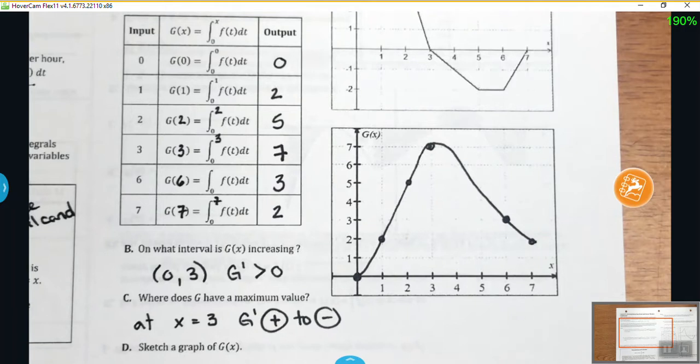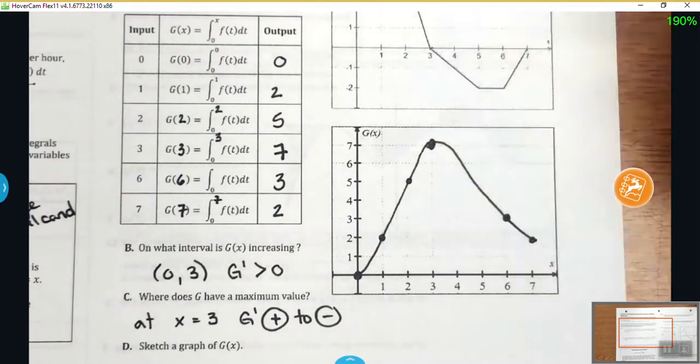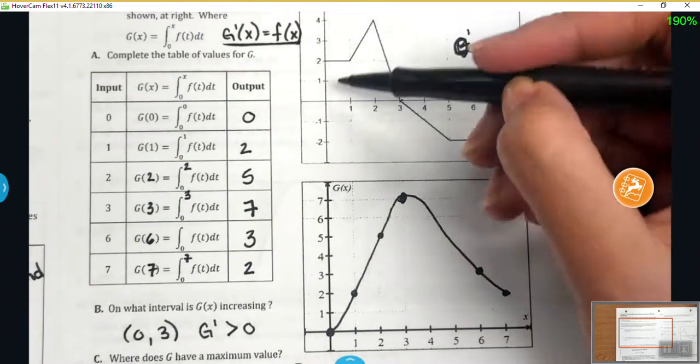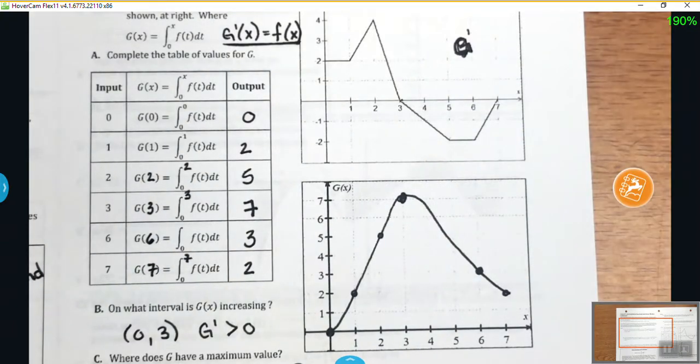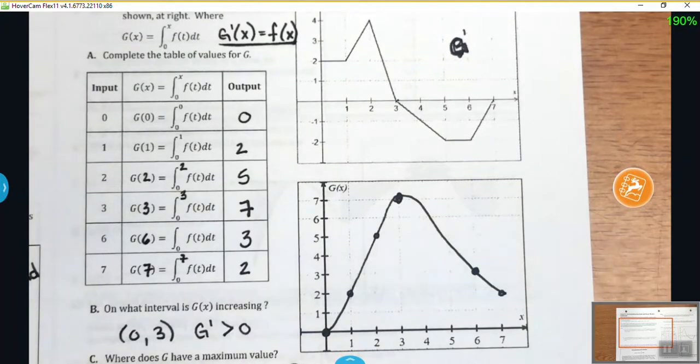See how we have a maximum on the original where the first derivative equals 0. And then we accumulated area up until 3, and then we decreased our area, so our function started decreasing, right?